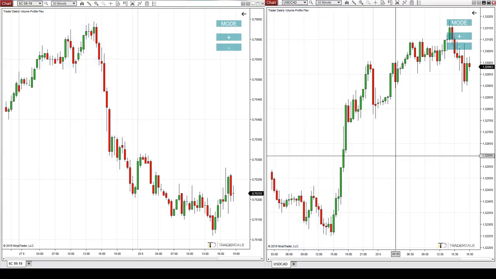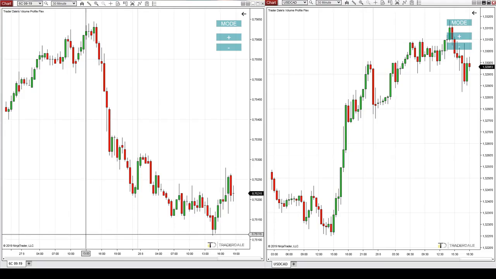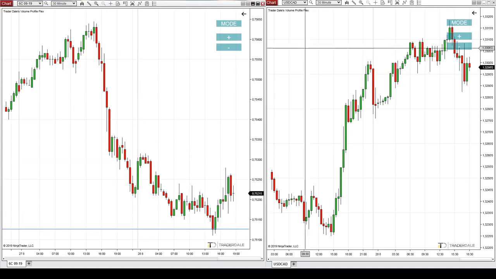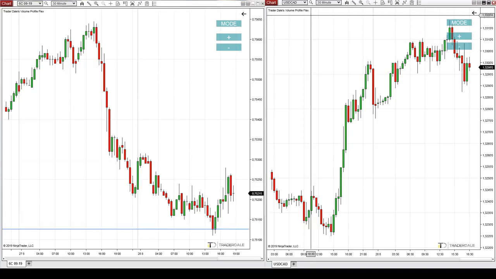So if there is some old trading level which you created on futures, let's say that it was in here, and there is the same level which you have on your chart on Forex, let's say that this is the level, then sometimes it can happen that the level gets actually hit on futures and missed on Forex.